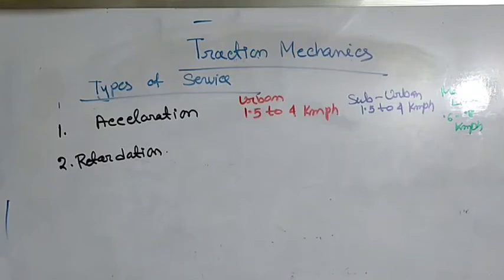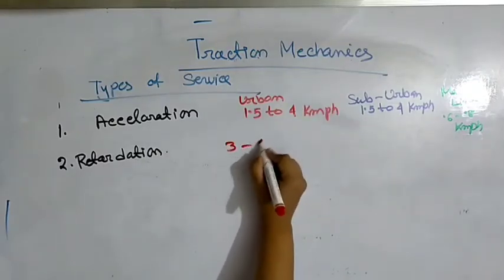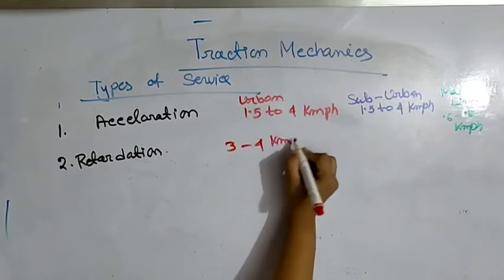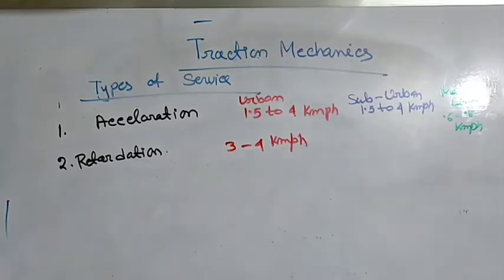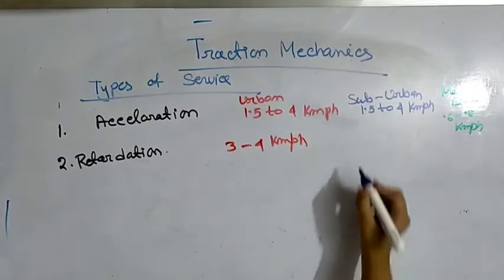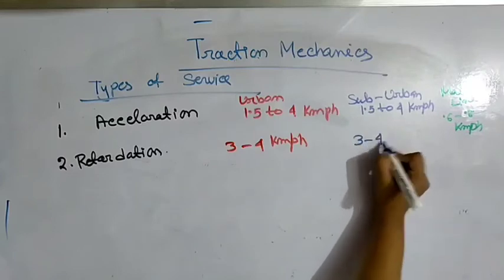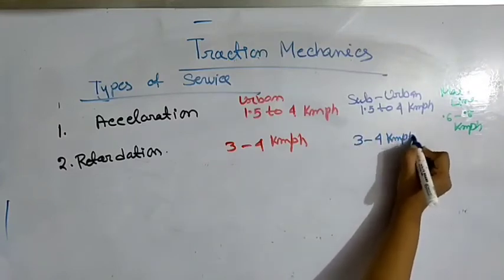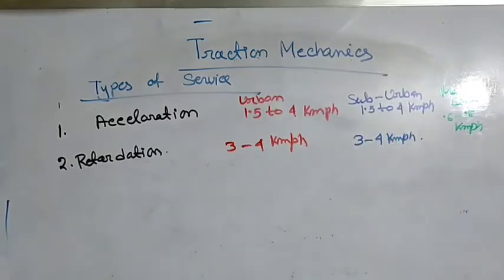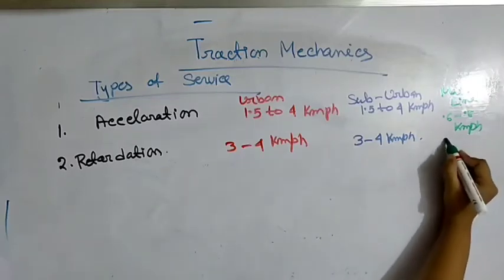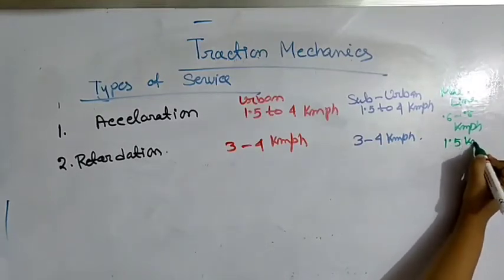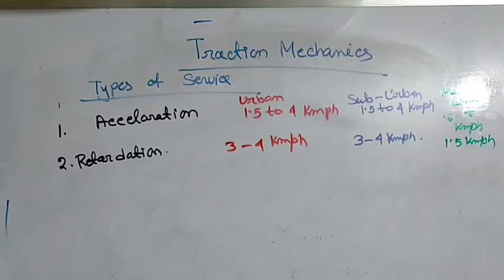Now next parameter is retardation. For urban service, it is 3 to 4 kilometer per hour per second. For suburban service, it is similar to urban, 3 to 4 kilometer per hour per second, and for mainline service, it is near about 1.5 kilometer per hour per second.